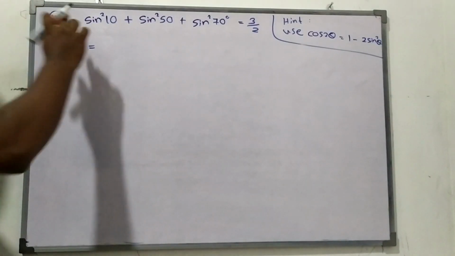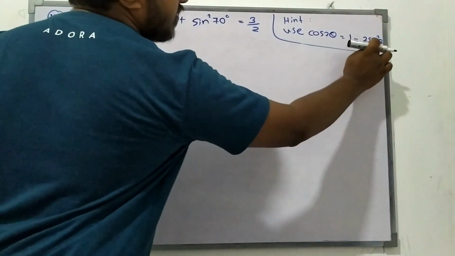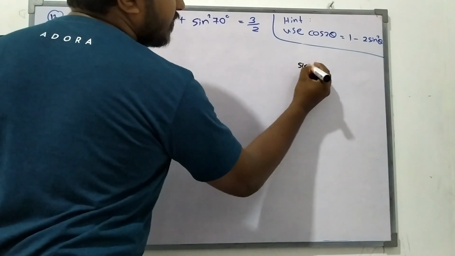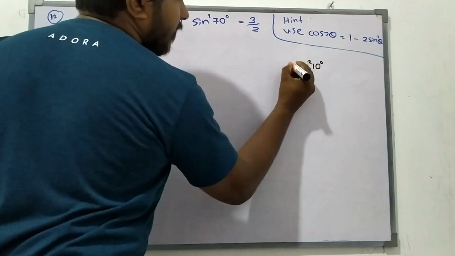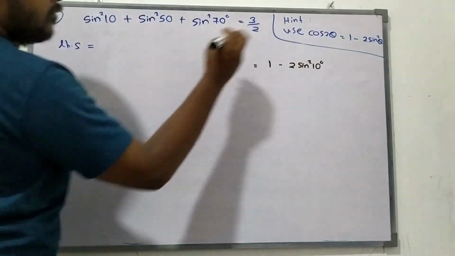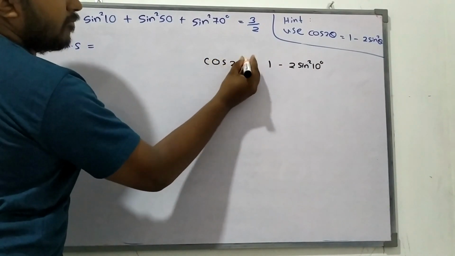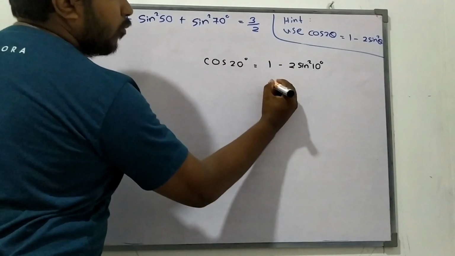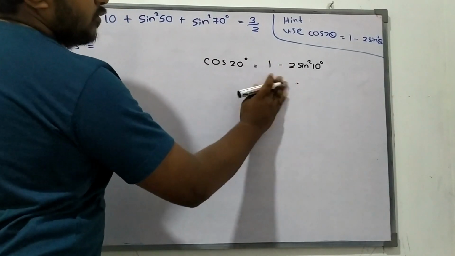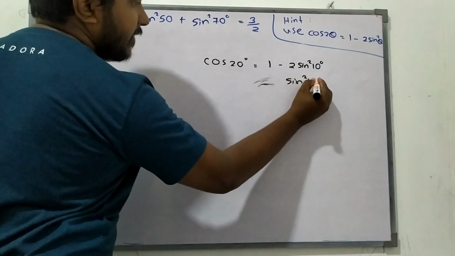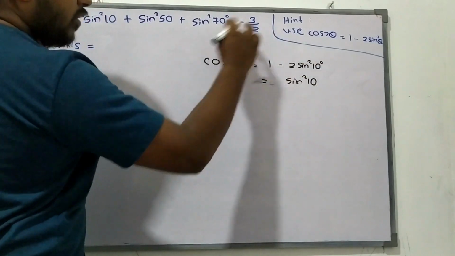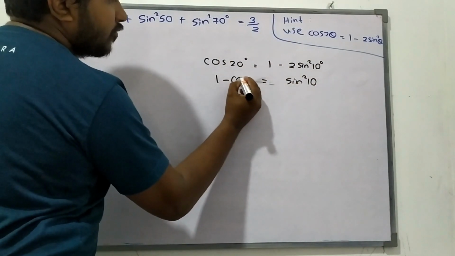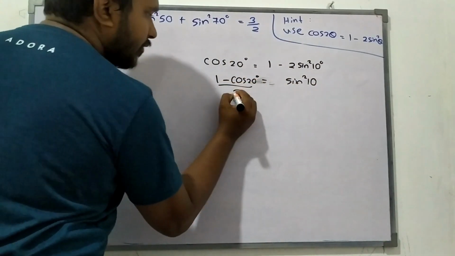Sine squared 10 can be used, right? Therefore sine squared 10 will be equal to (1 minus cos 20) by 2, right?